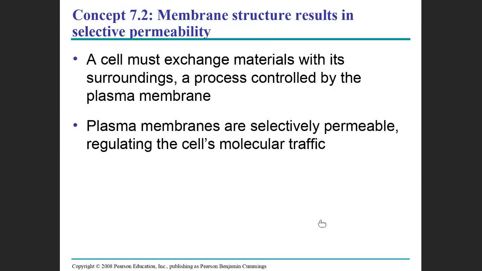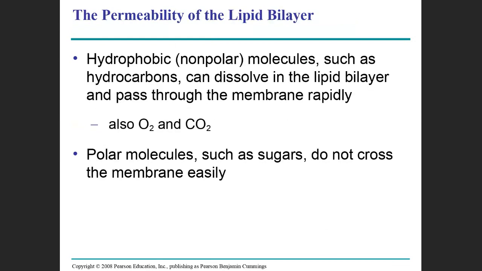A cell must exchange materials with its surroundings, a process that is controlled by the plasma membrane. So we've already said that plasma membranes are selectively permeable. Some things can diffuse through the membrane, other things cannot. They need help. Hydrophobic, nonpolar molecules like hydrocarbons can typically dissolve through the lipid bilayer and pass through the membrane to get into and out of the cell.